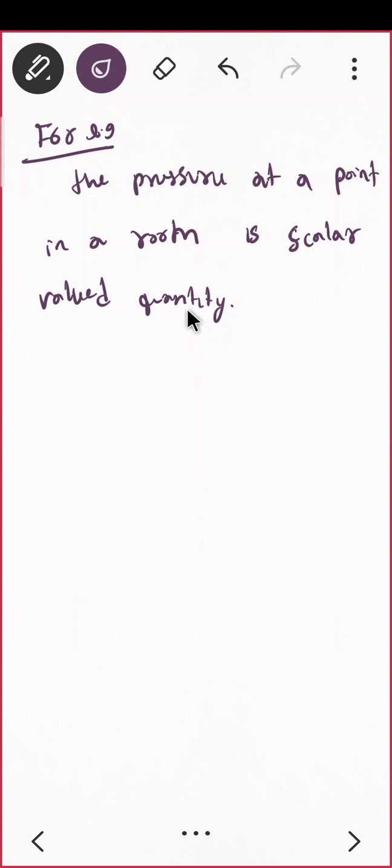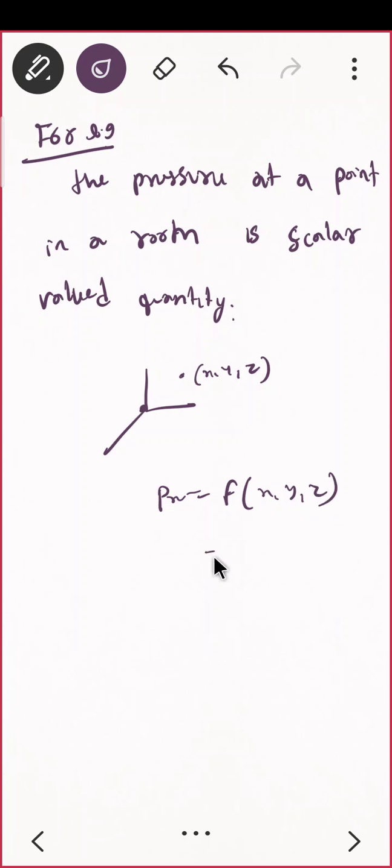Why is it scalar? Because it depends on three coordinates, and the value will be your pressure. The pressure at a point is determined by x, y, z. So your pressure is a function of x, y, z, and the answer will be a real number, a number. How much pressure you are applying. So this is a physical example of this.